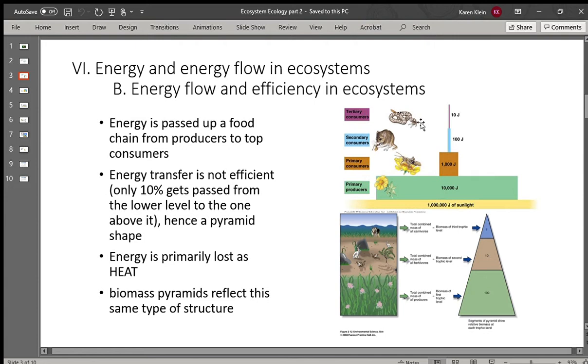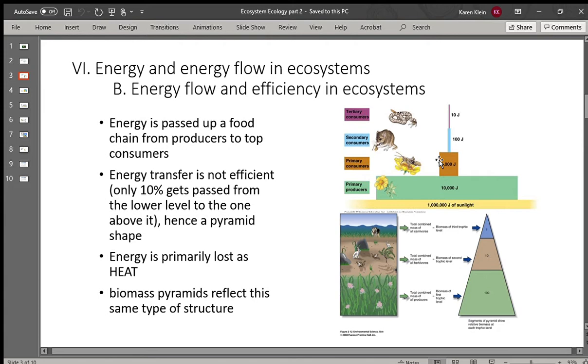When you think of how much energy it takes in plants to support this, even though the snake isn't eating plants, as far as being the base of the food chain to support that snake, it's why we have so many primary producers in relation to top consumers, or in relation to primary consumers, because there is this inefficient transfer of energy from one level, the lower level, up to the next.